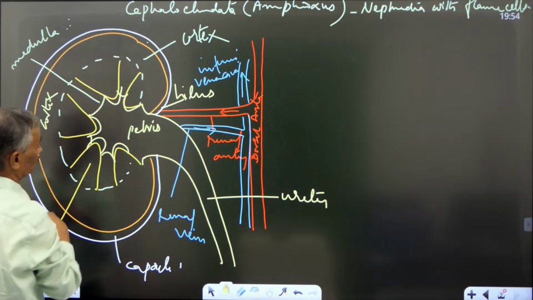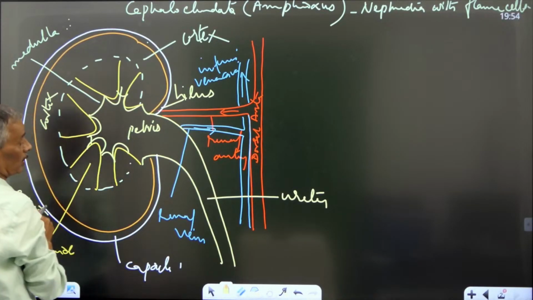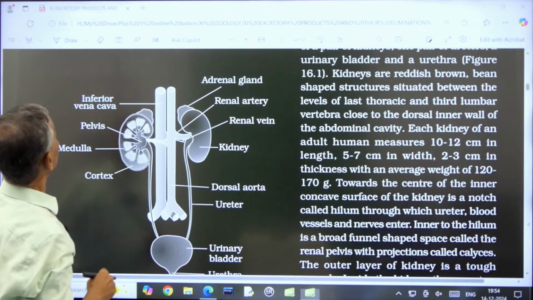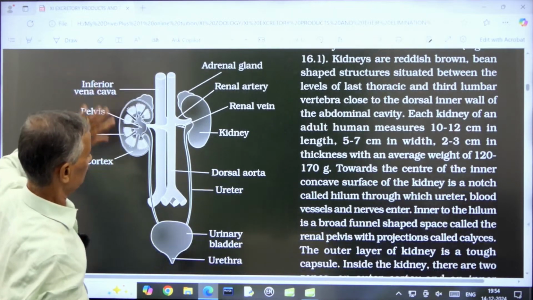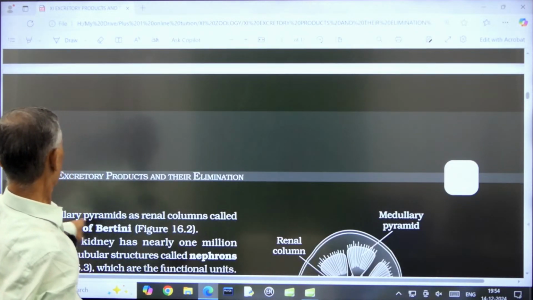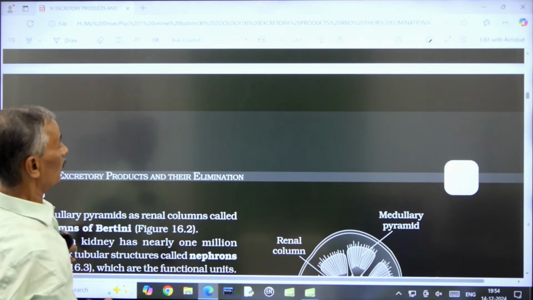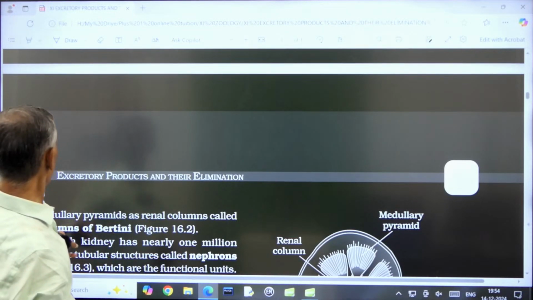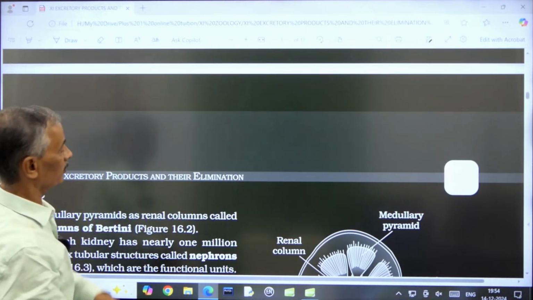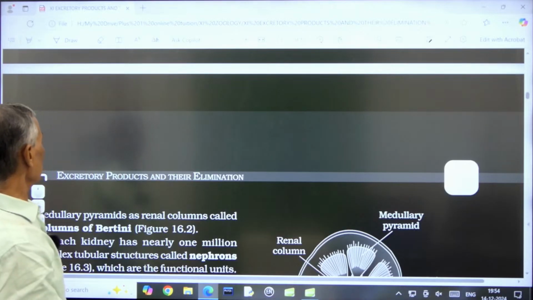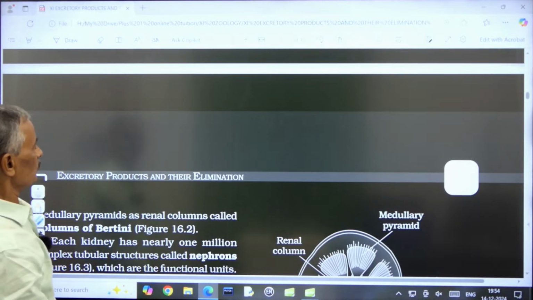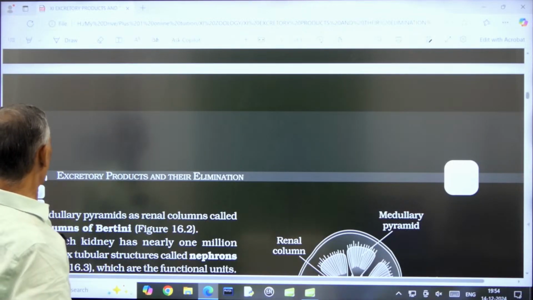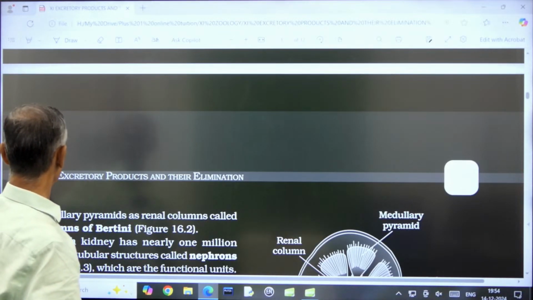These extensions are in the form of thick structures, which are all in the form of columns. These columns are called columns of Bertini or renal columns.